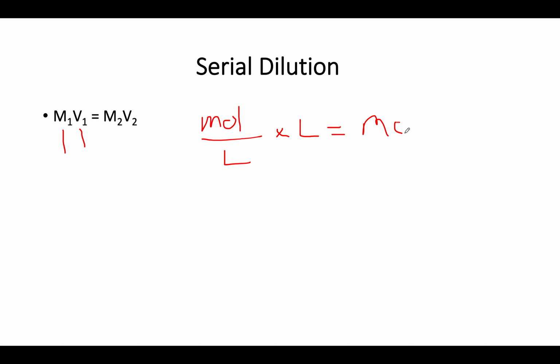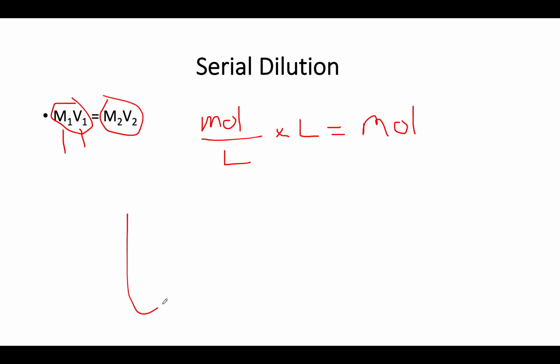So really what this equation is saying is moles on the left equal moles on the right. So the reason we use this for dilution is because the moles of the solute doesn't change. What changes is the solvent added. Okay, so that's really key for serial dilution.